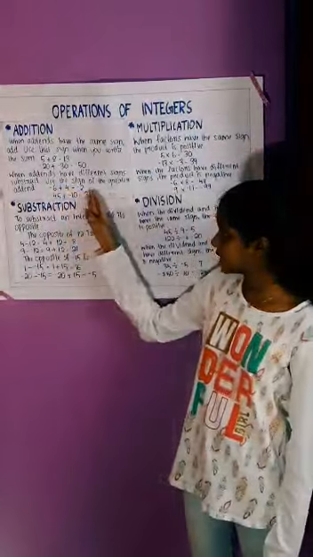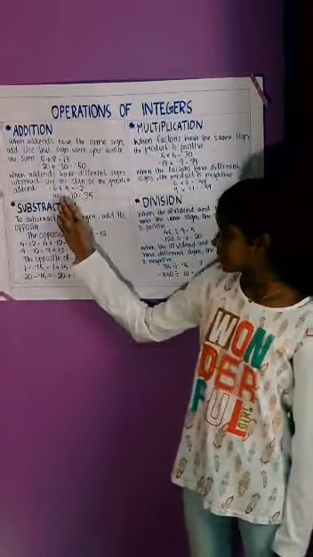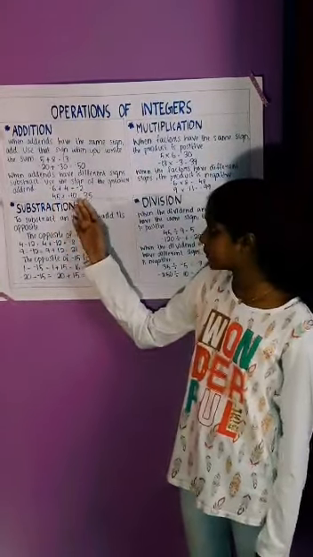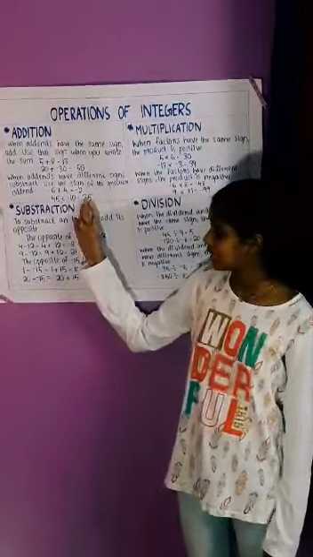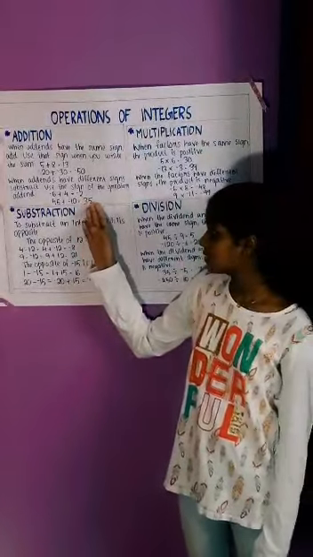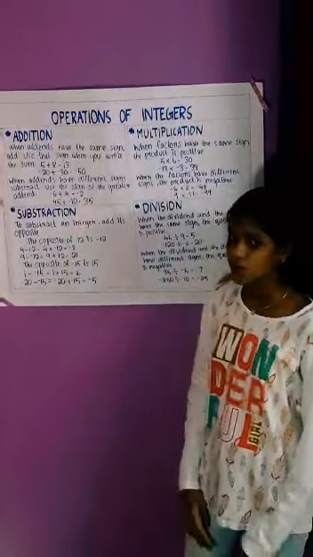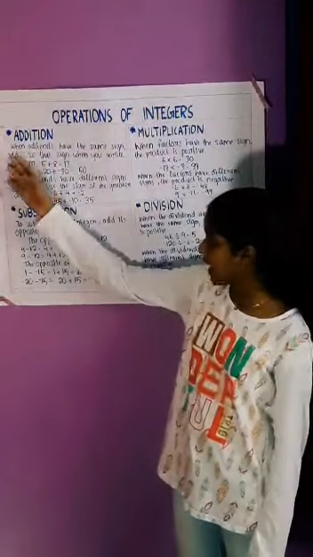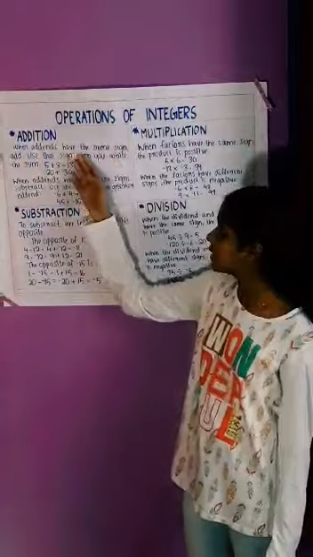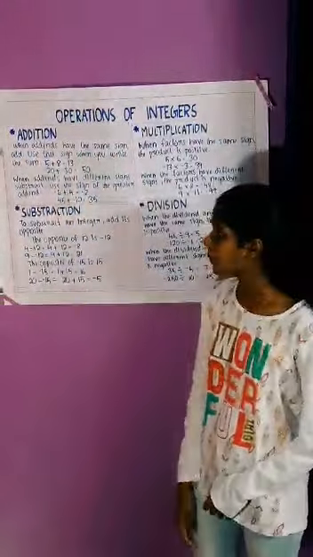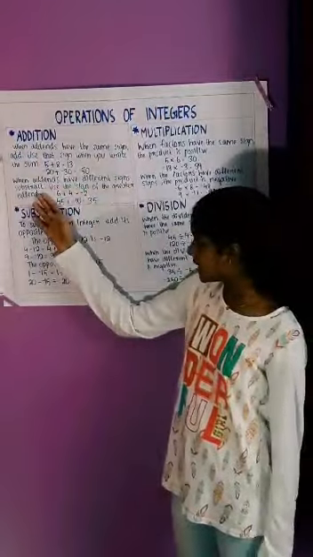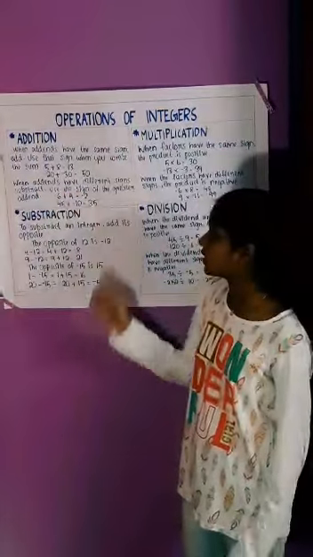So the answer will be -2. Another example, +45 plus -10 is equal to +35. So when addends have the same sign, use that sign when you write the sum. And when addends have different signs, subtract and use the sign of the greater addend.